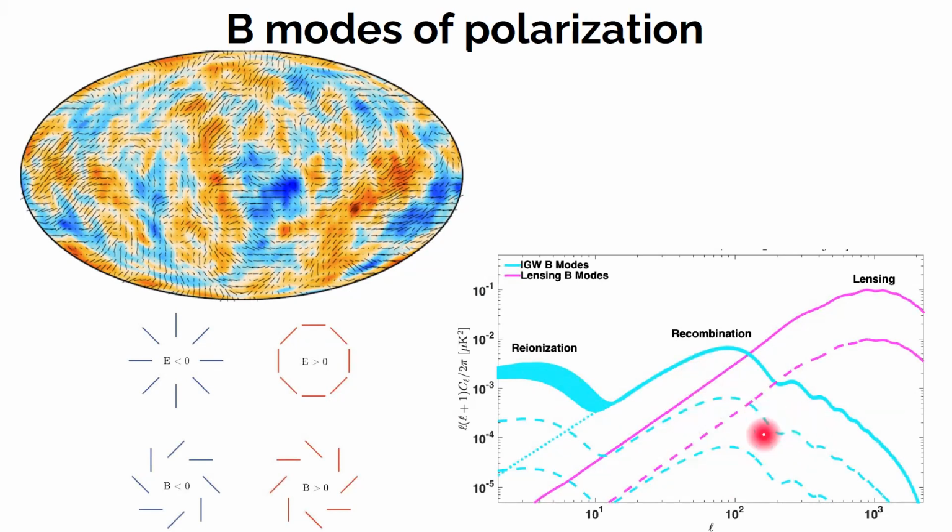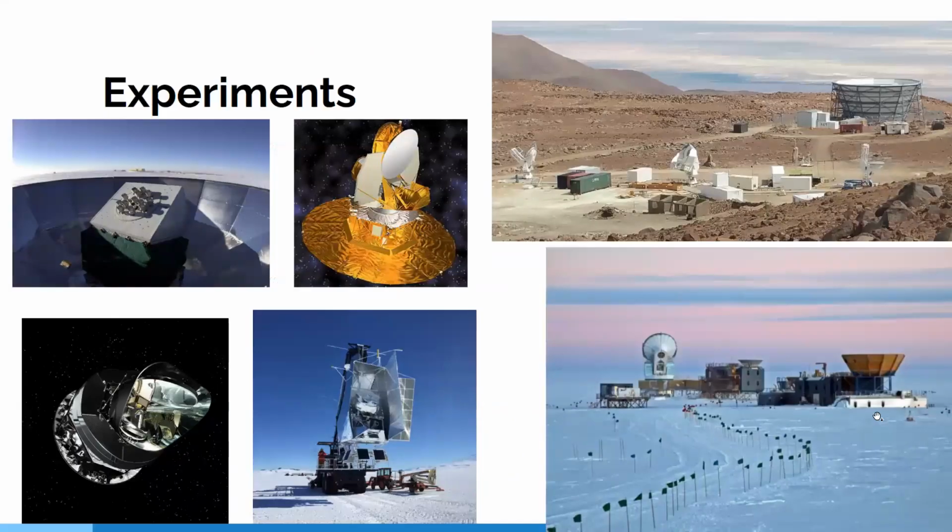And then on top of that, we also have B modes from lensing, which, depending on how you look at it, is either contamination to the primordial B mode, or it's actually a very important signal on its own. And I'll get back to how important the signal is on its own, and how I believe that in the future, this signal is actually going to be our best probe of large-scale structure.